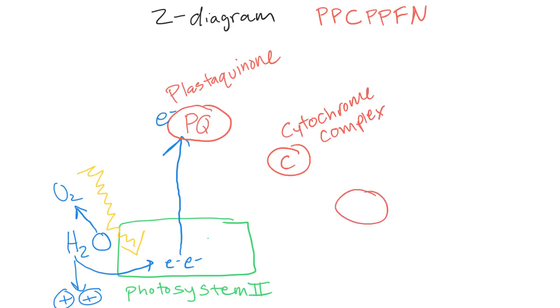And then the next one is plastocyanin. And at this point, our electron has been passed for so long, it's out of energy. It's a tired little guy. So we want to get him excited again.